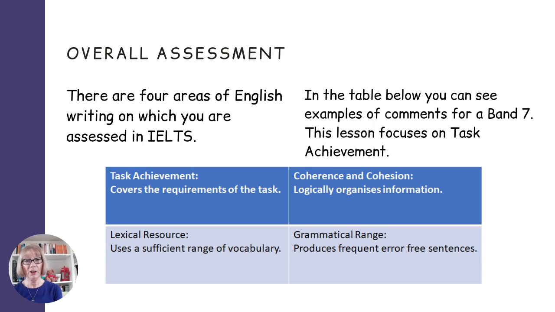Now, in this lesson, we are going to focus on task achievement, and you can see that is the first box on the top left. So to achieve a band 7, you would cover the requirements of the task. There is also coherence and cohesion, lexical resource and grammatical range, but we will go through those in subsequent lessons.